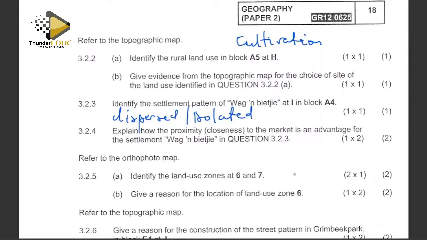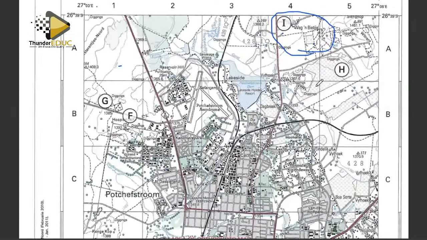Explain how proximity or closeness to the markets is an advantage for the settlement of Wagon Beach. Why is it an advantage for it being close to the market? Right, if we check this area here, we can see there's cultivation taking place here, which means it's also a farming area.